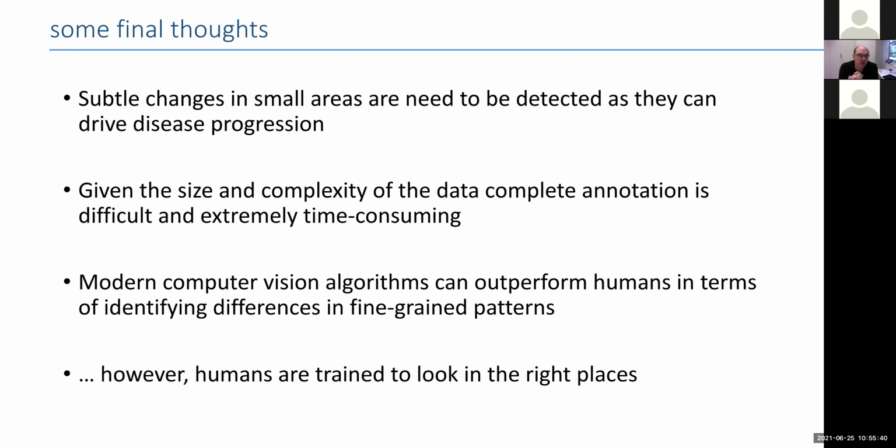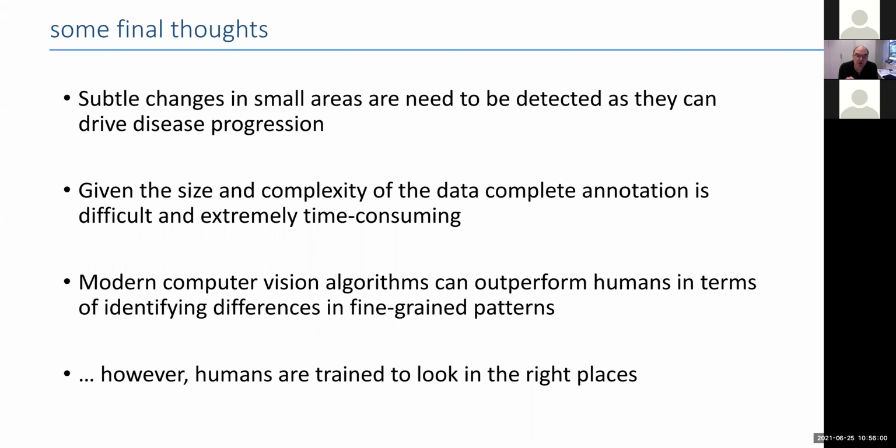And what I've shown you with the CMS4 case is that computer vision algorithms are certainly now in the position that they outperform humans in identifying differences between fine-grained patterns that humans really cannot tell apart.